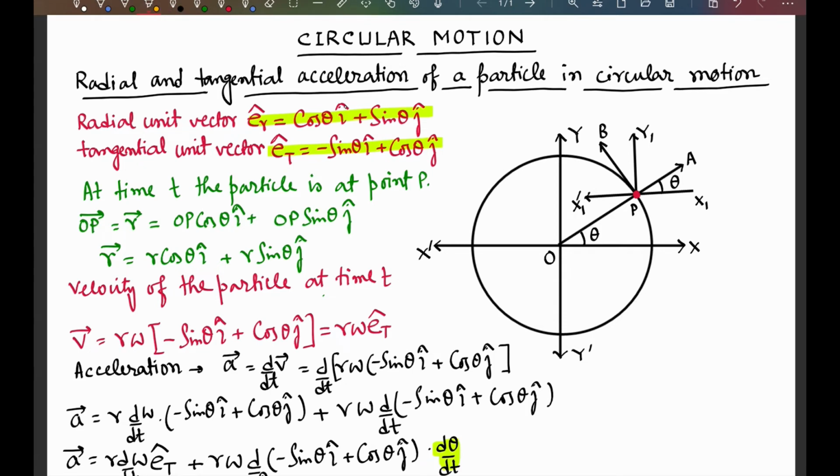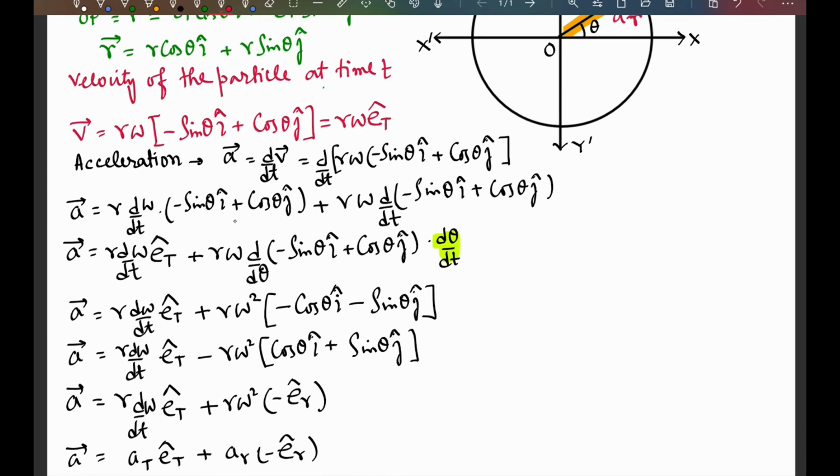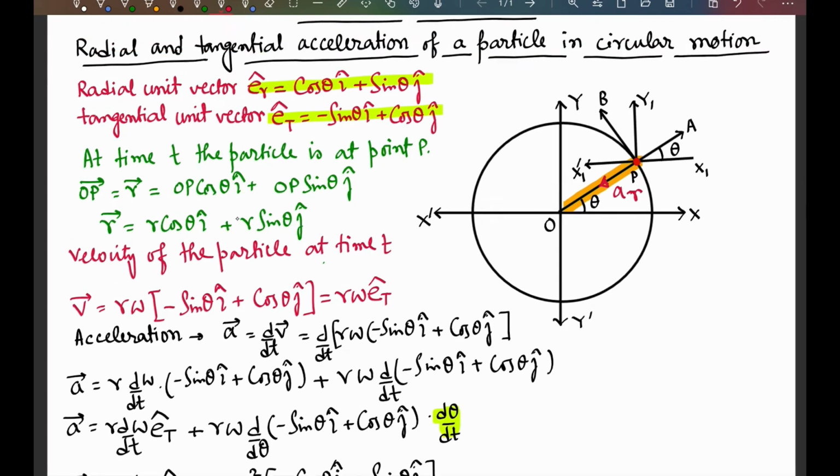One acceleration is towards the center along the radius, this is a_r. Here the direction of the radial unit vector is from P to A, but in acceleration there is a minus e_r cap. Therefore, this is A to P, that means towards the center.